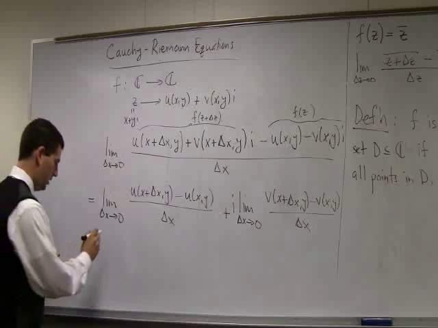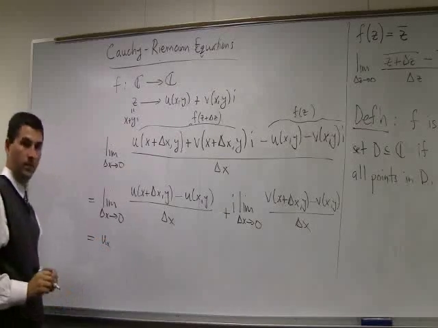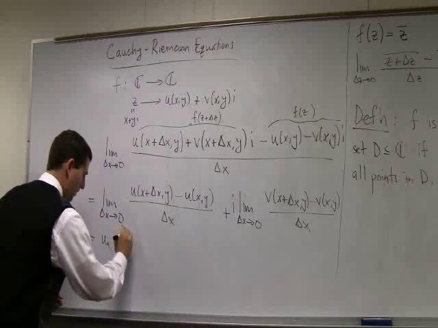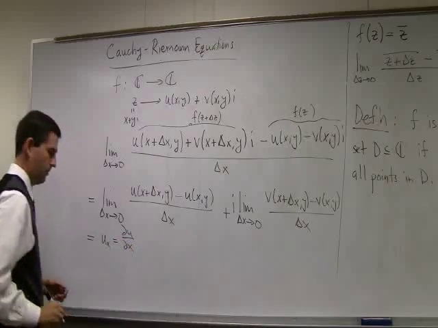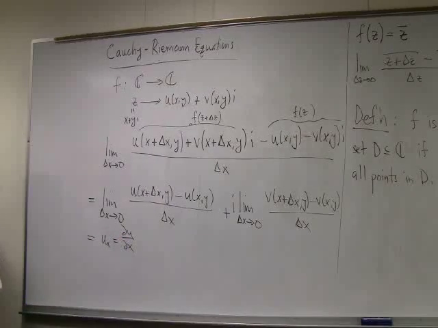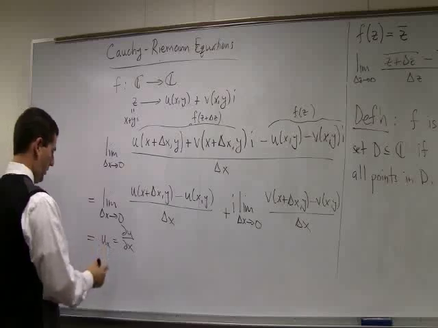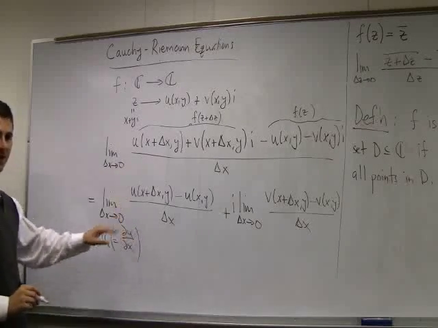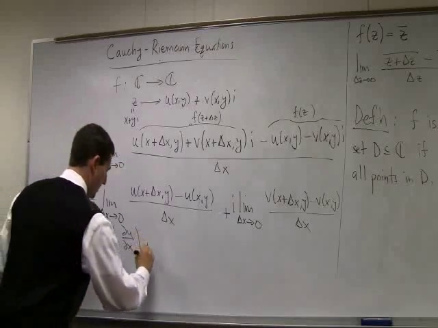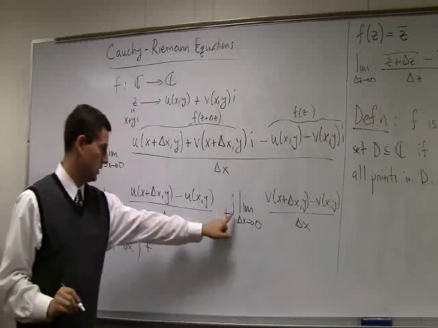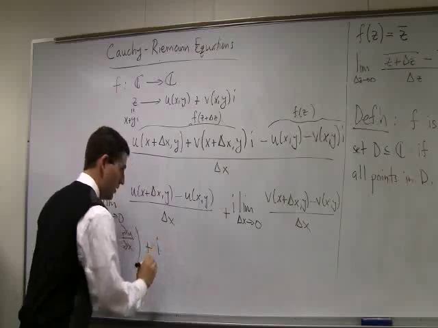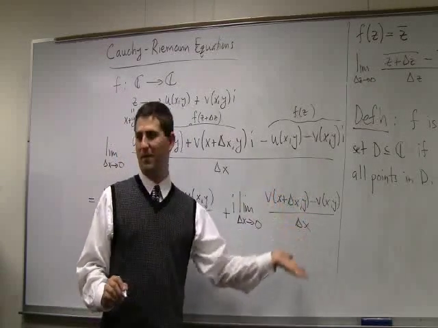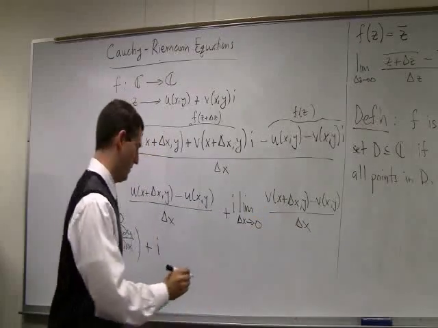So how about we call it u sub x? You could also write this as the partial of u with respect to x, but I like u sub x. That's this part. Put that in parentheses. Plus we have an i times, well, that's just the partial derivative of v with respect to x, so it's just v sub x.